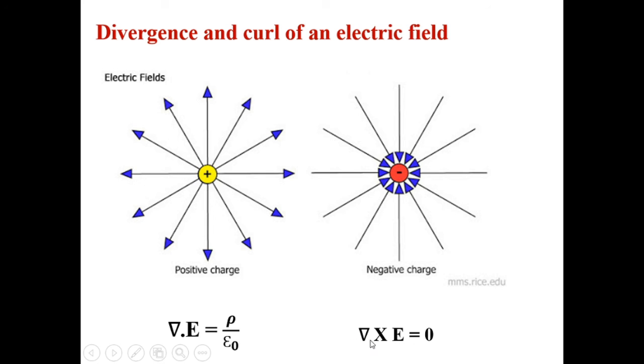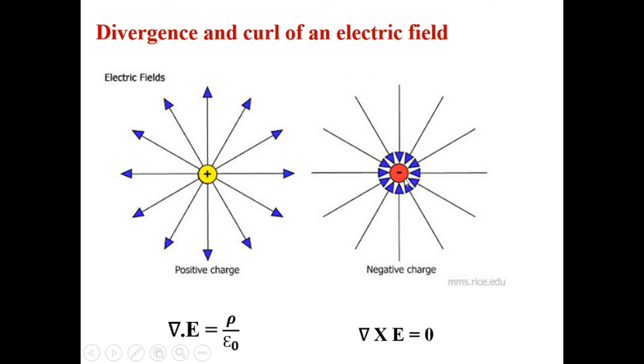And therefore, when curl is operated on this electric field, it comes out to be 0. Why? Because curl logically means the formation of a loop. If the electric field vector formed a loop, which is not observed in the case of these two charges, then del cross E would not be 0.